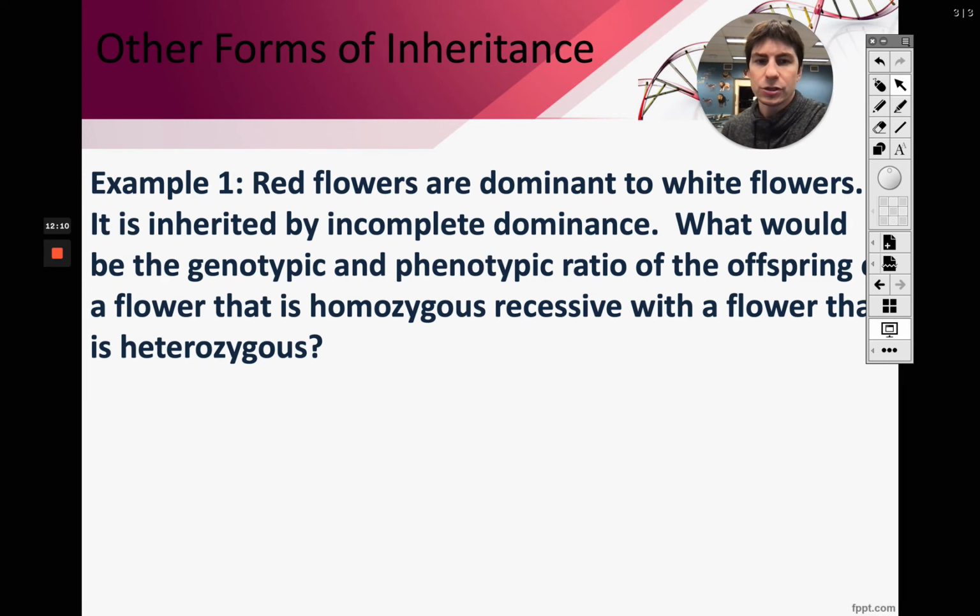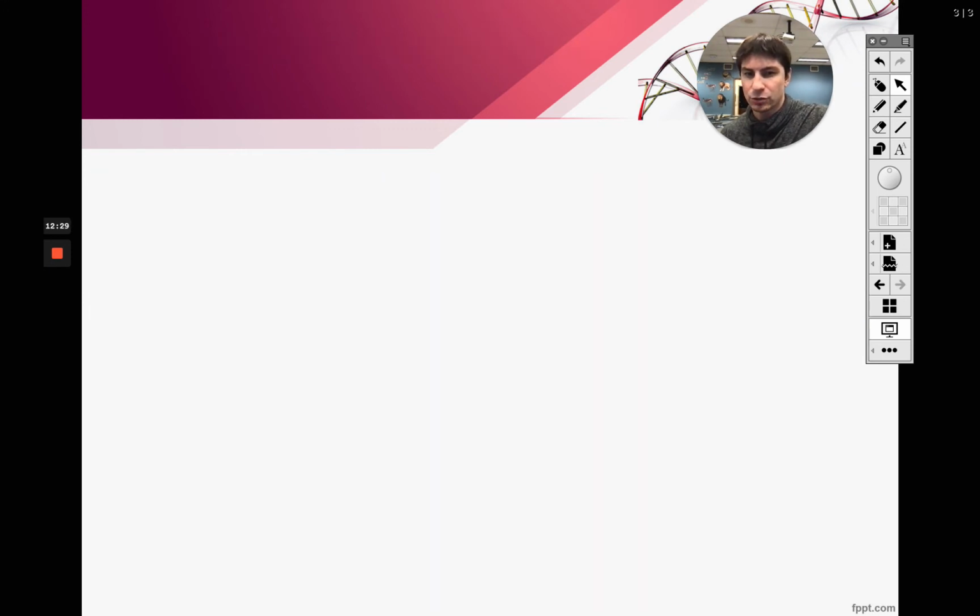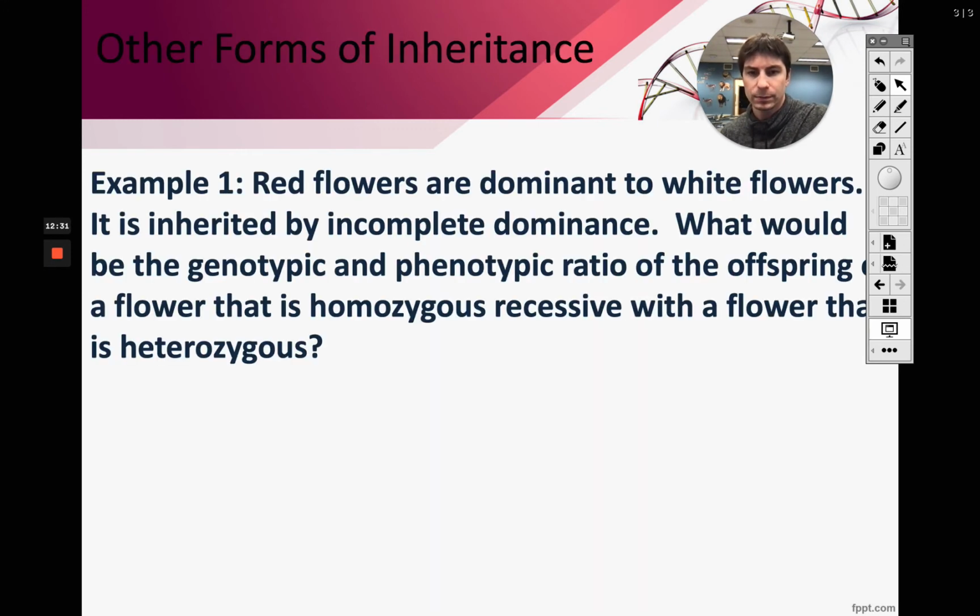Red flowers are dominant to white. It is inherited by incomplete dominance. What would be the genotypic and phenotypic ratio of the offspring of a flower that is homozygous recessive with a flower that is heterozygous? So let's set up our Punnett square here. We have, once again, homozygous recessive with a heterozygous individual.